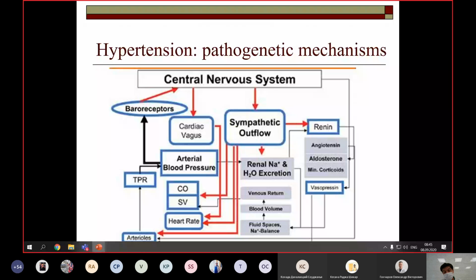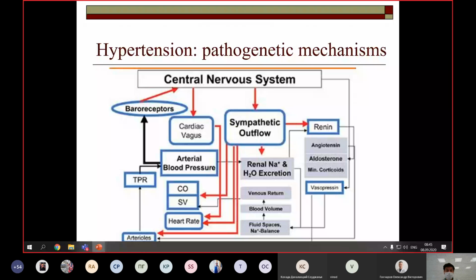Molecular substrate associated with vasopressin can reverse the metabolism of the kidney, and thereby this circle can be associated with increase of arterial blood pressure, tachycardia, and exaggerated sympathetic regulation.